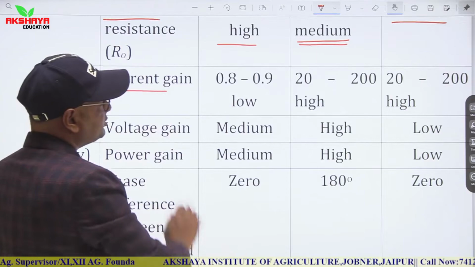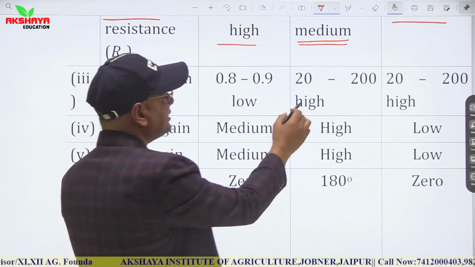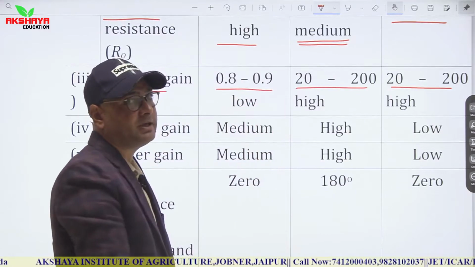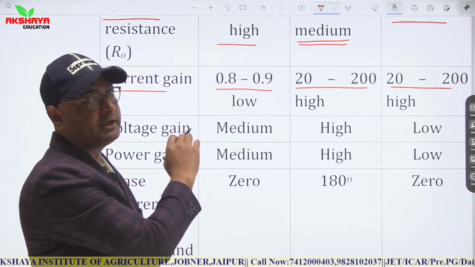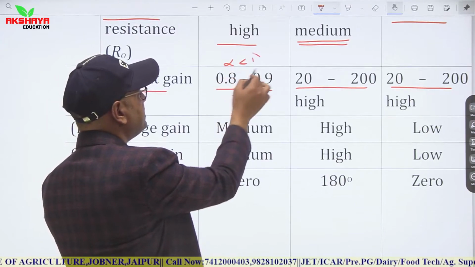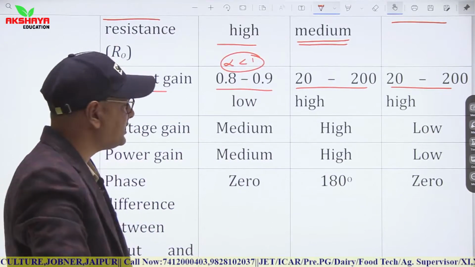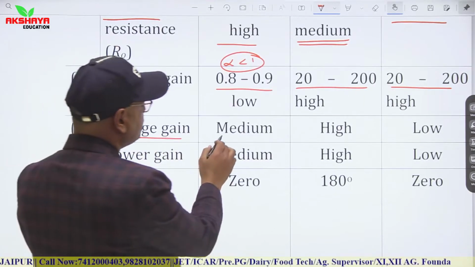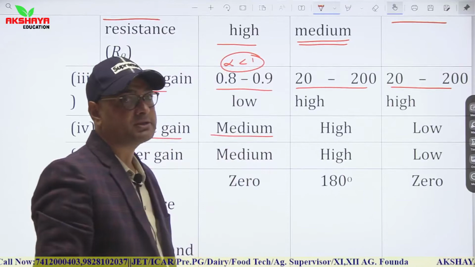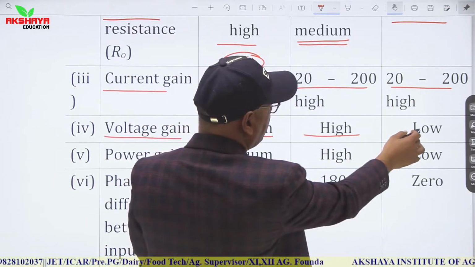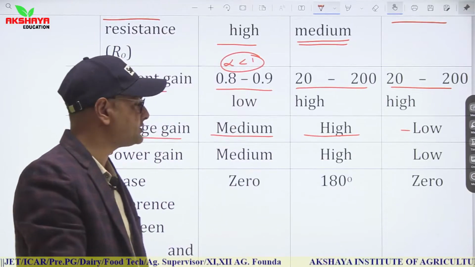Current gain is high in case of CE and CC configuration with respect to CB, because in CB configuration we have seen that current gain is alpha, which is always less than 1. Similarly, voltage gain is medium in case of common base configuration, while it is maximum in case of common emitter, and again low for common collector configuration.